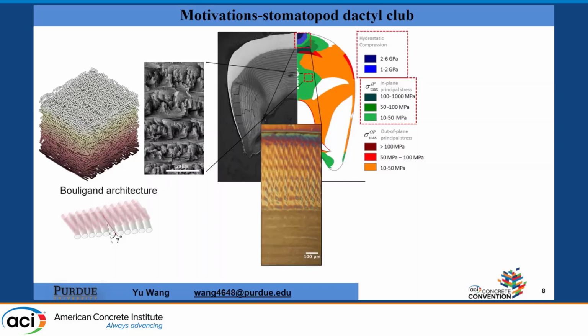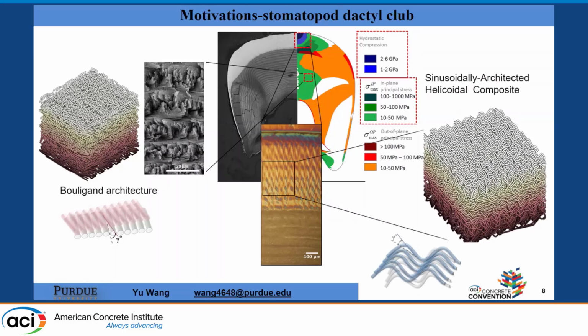If we look at the top part, highlighted in blue, which has high compressive stress concentration, it has a helicoidal architecture, a sinusoidal helicoidal architecture. It's similar to the Bouligand, but featuring a sinusoidal shape, with rotation between each layer. So each layer has a twist angle, but featuring a sinusoidal shape.